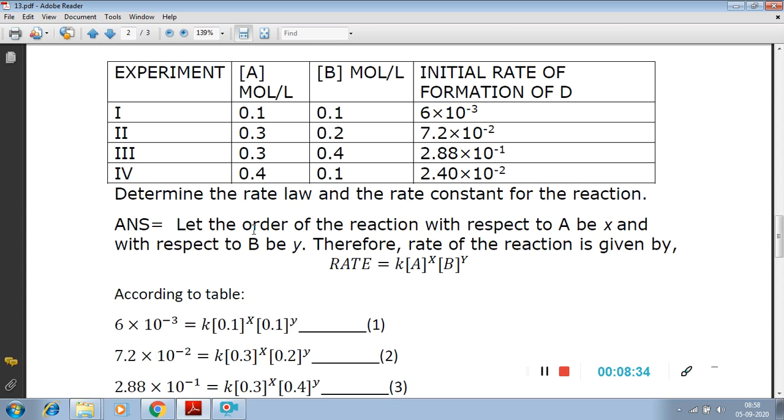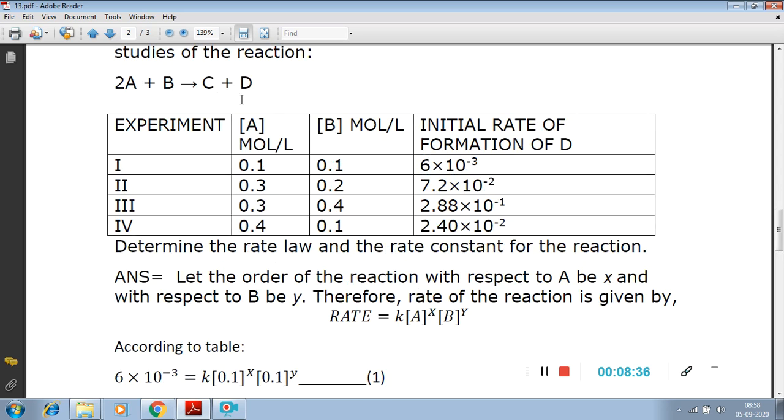Here a reaction is given to us, 2A plus B gives C plus D. For that reaction, a number of experiments are performed. The concentrations of A and B are both given to us, and the initial rate of formation of D is also given, meaning the rate is given.